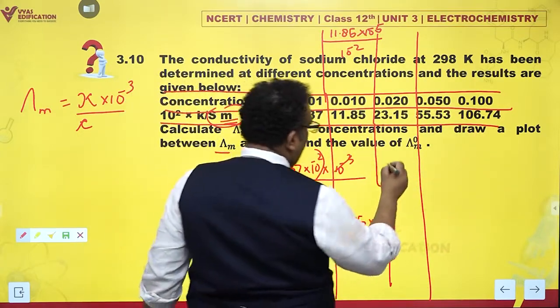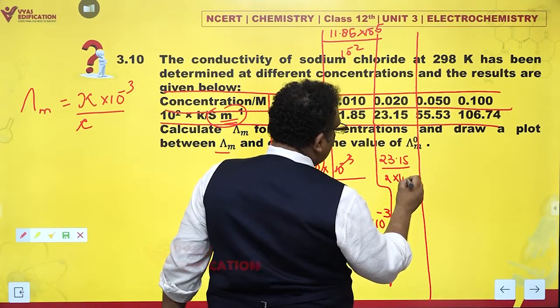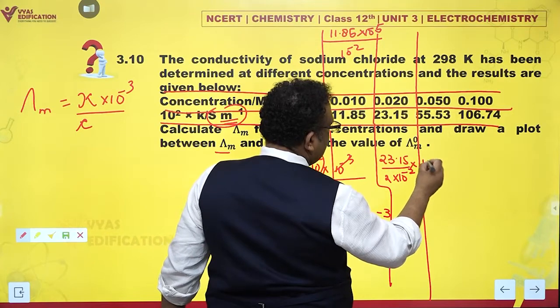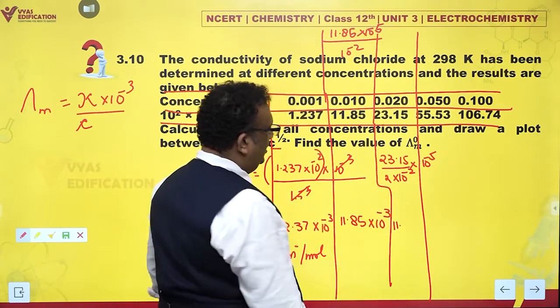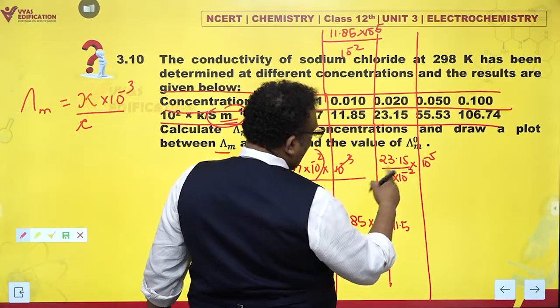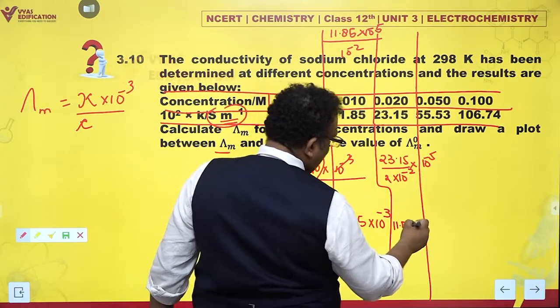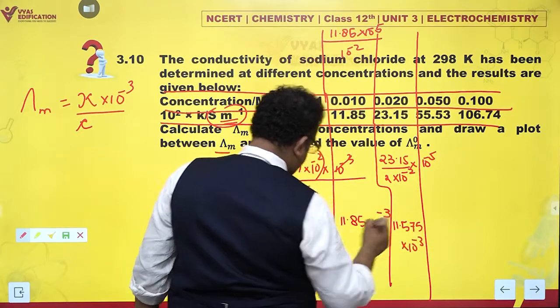The third one, let's see what do we get? 23.15 divided by 2 into 10 raised to minus 2. And this is 10 raised to minus 5. How much is this? Let's divide. This is 11.575 into 10 raised to minus 3.